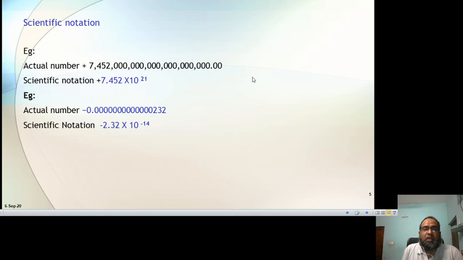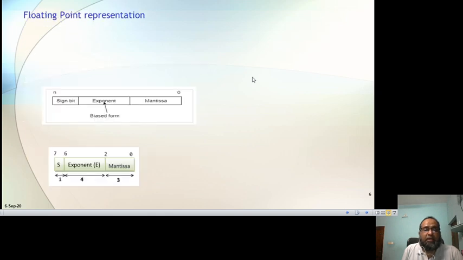Irrespective of this, we can convert the number into floating point representation, and it will extend the range of the numbers. Very huge number as well as very small number can be represented like this. We will see a certain example.